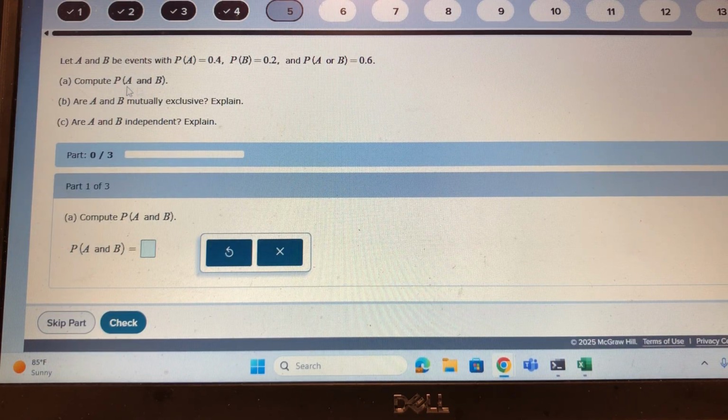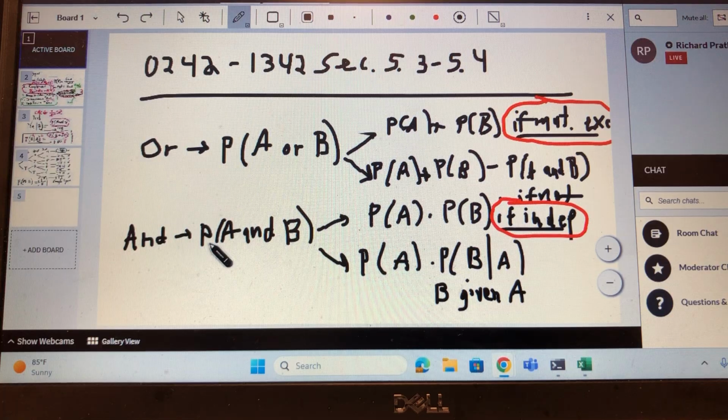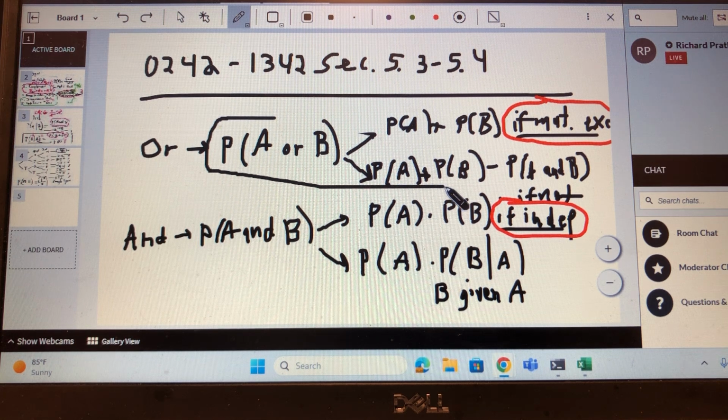Okay, compute A and B. And okay, so see how there's an or here. Go back to the and formulas. See, A or B has an and in it, so I could use this formula right here.